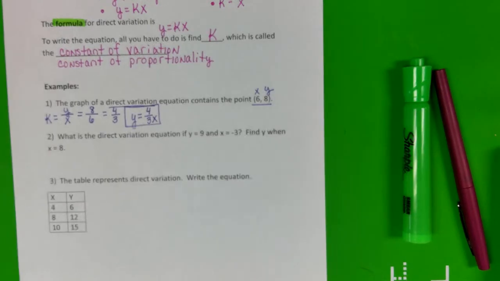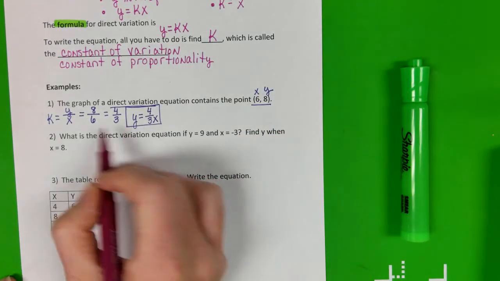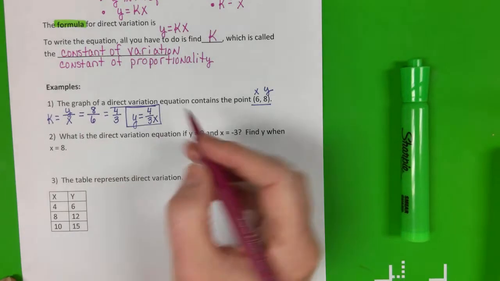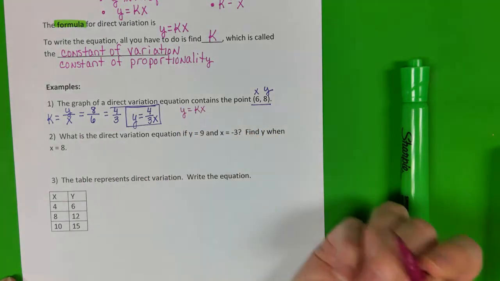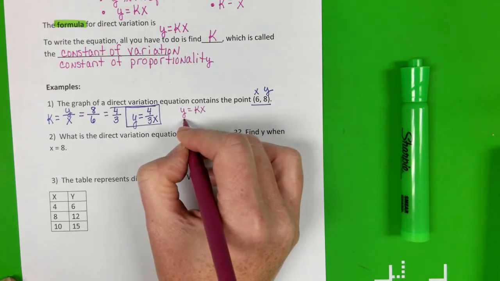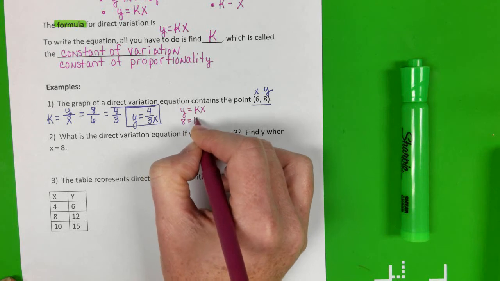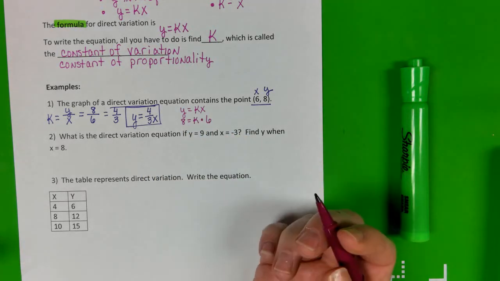Okay, simple as that. Now, a second way to do it, remember, is that if you can't remember the little formula y over x, then we're going to take our equation, y equals kx. We're going to plug 8 in for y. We're going to plug 6 in for x, and then we're going to solve this equation.